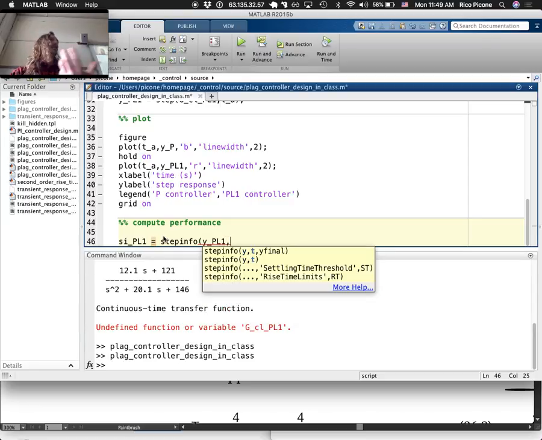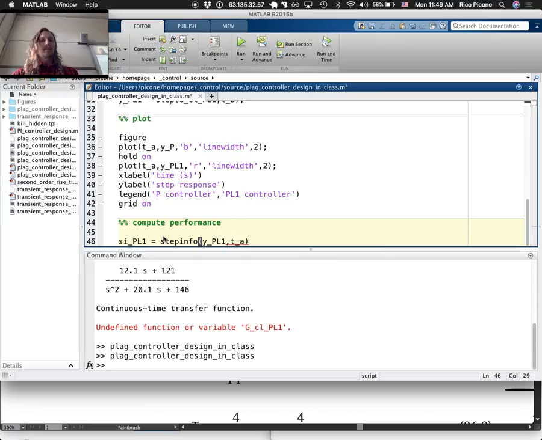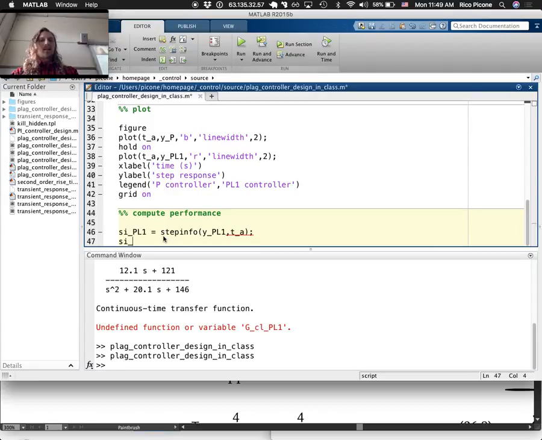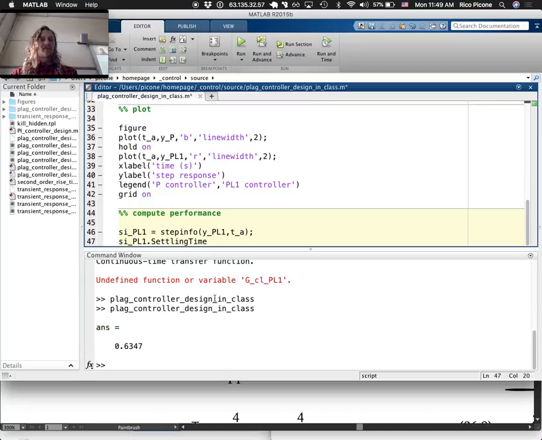That's the one that we're actually designing, right? The proportional was just along the way. So PL1, and then our TA. This gives us an object that we can select the settling time calculation from the simulation. So if we compute this, 0.634 is what we're at, which we want to be 0.4, so we're not quite there.